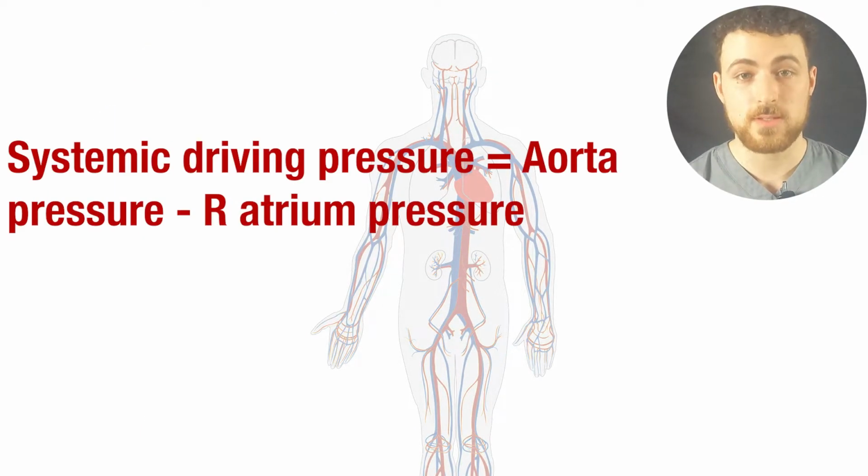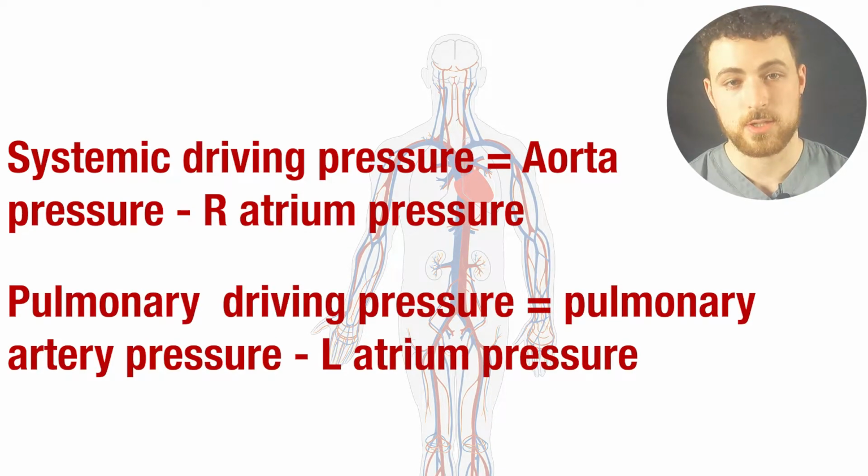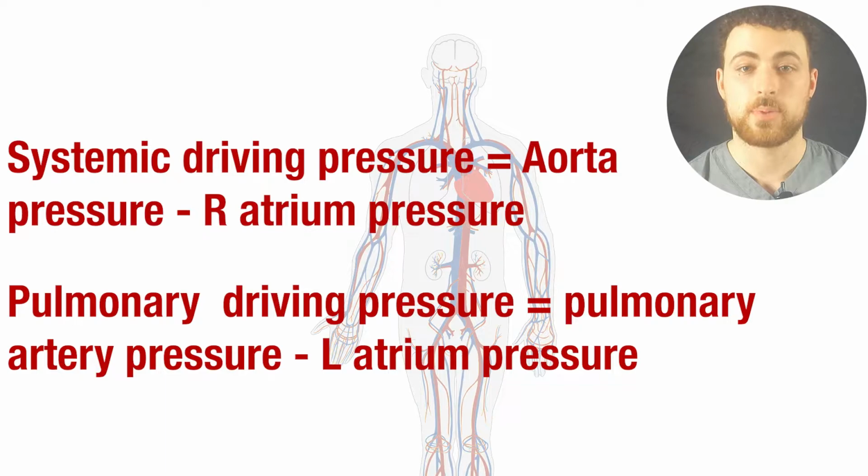The pressure difference is equal to the pressure in the aorta for the systemic circulation, or the pulmonary arteries for the pulmonary circulation, minus the pressure in the atrium of the opposite side of the heart, the right atrium for the systemic and the left atrium for the pulmonary circulation.